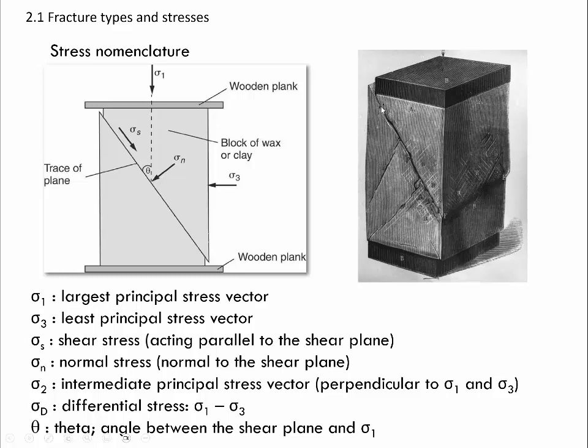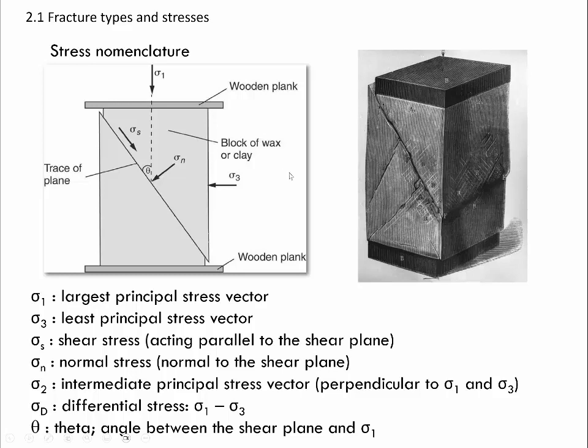And what we see here in the result of that experiment is indeed a normal fault has formed, but there are also conjugate fractures that we see here, and a large number of smaller fractures are indicated here and highlighted on that old photograph.